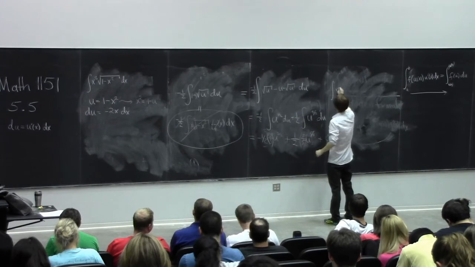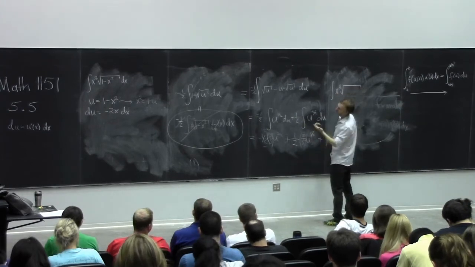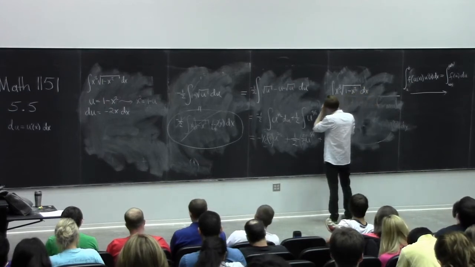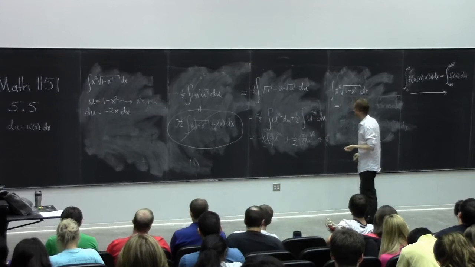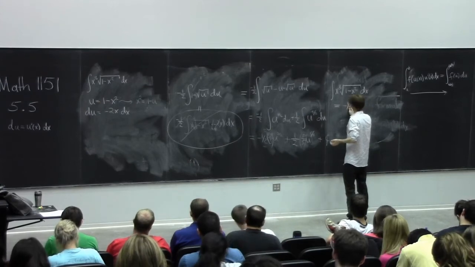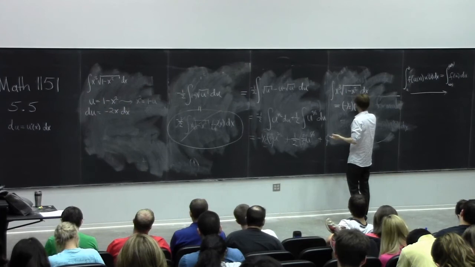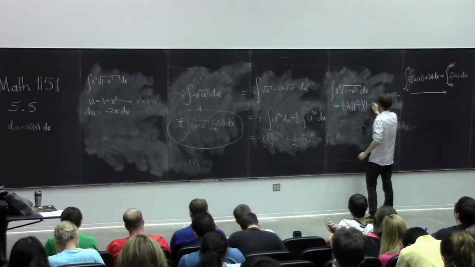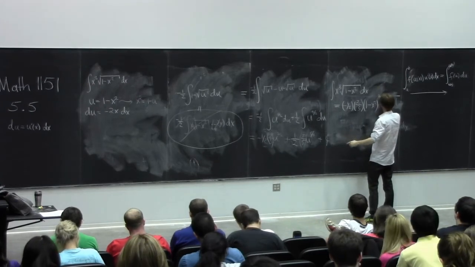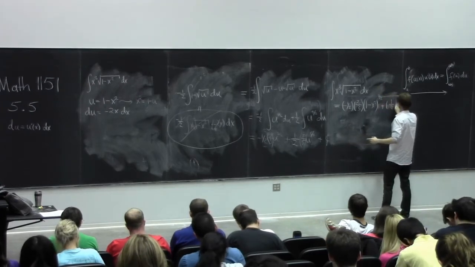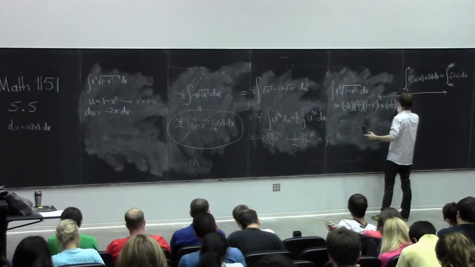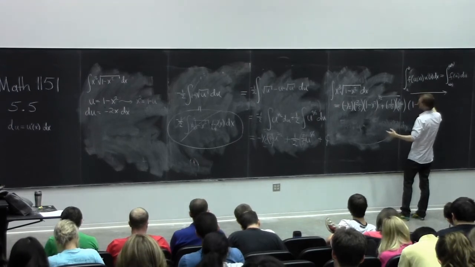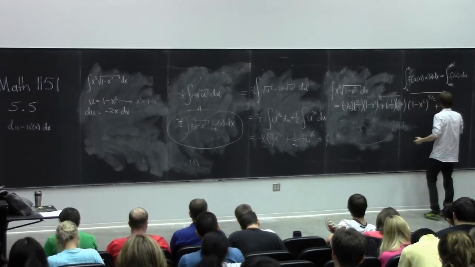The integral of x cubed square root of 1 minus x squared dx is equal to minus 1/2 times 2/3 times (1 minus x squared) to the 3/2, plus 1/2 times 2/5 times (1 minus x squared) to the 5/2, oh my god, plus c.